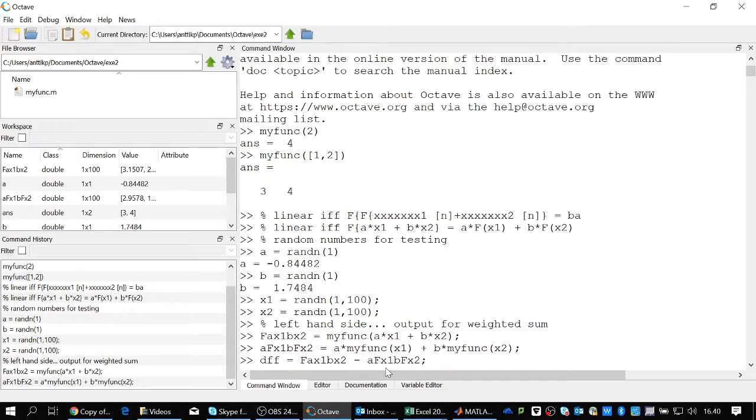Like that, maybe. Who came up with those names? Variable names. I did. Okay, so this is the difference vector.